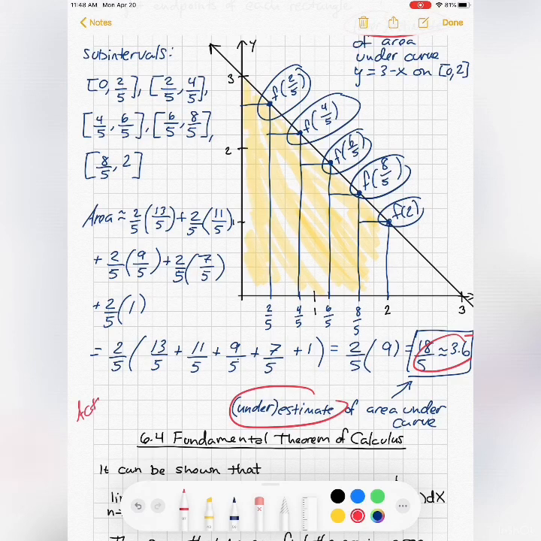So I guess I could say something like the actual area must be in between 3.6 and 4.4. So that's kind of cool. So the next section here, 6.4, is we're going to look at, well, how can I actually find the precise area under the curve rather than having to estimate the area? So that's what's coming next.